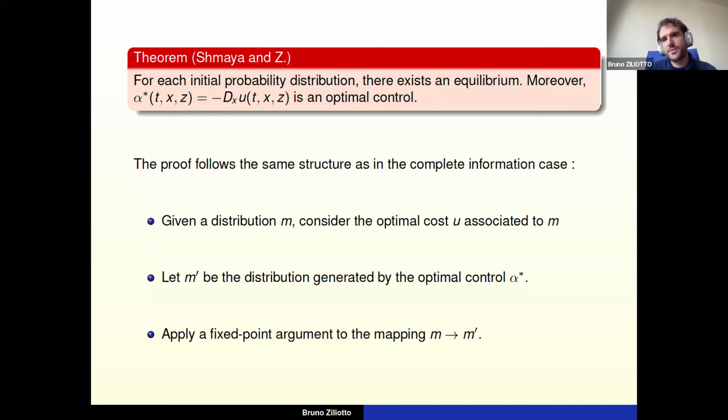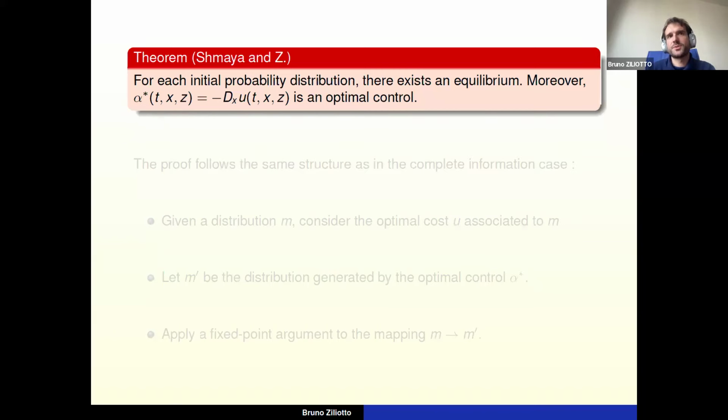You consider alpha star, the optimal control, and you call m prime the distribution generated by this optimal control when all players play it. Then you consider the mapping that to each m associates m prime, and you apply a Schauder fixed point argument to this mapping.